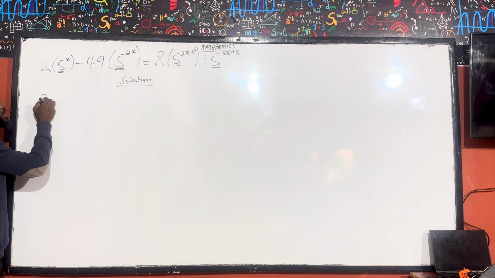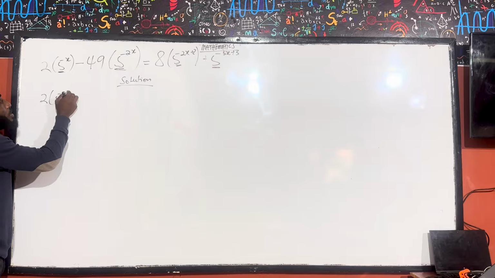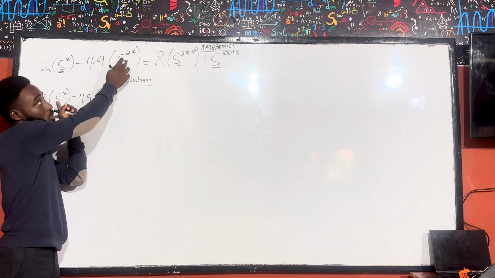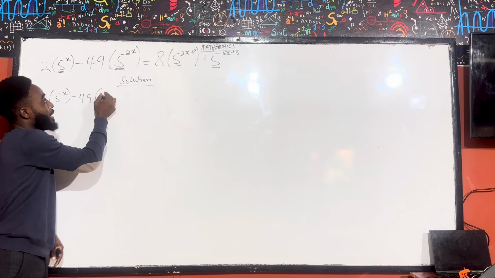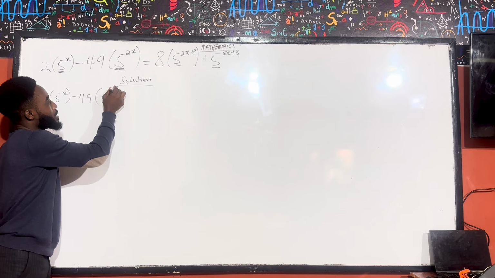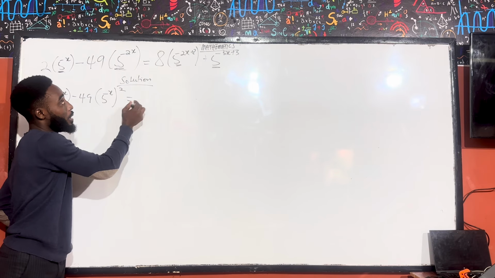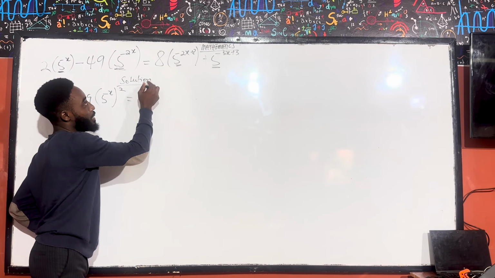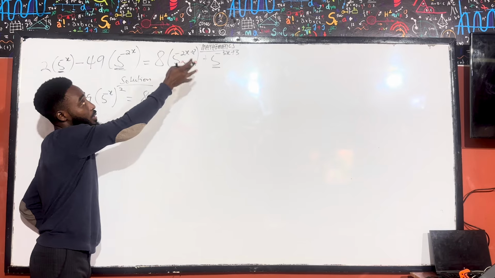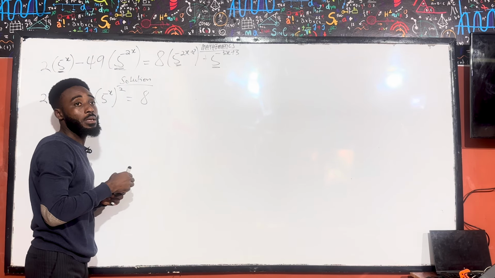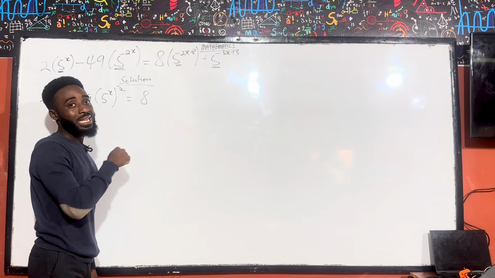Now, I'll rearrange this so that the base becomes very prominent. So 49, I would want this to also look like this. I can write it as (5^x) all squared. This is using the power rule. So this side, I'm going to employ the product rule, which says that when you are multiplying numbers of the same base, you add exponents.